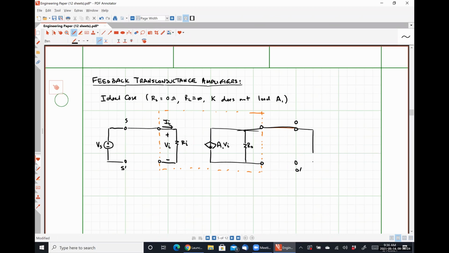And so we are effectively just going to short this out, which is how we are going to connect our feedback network in series. If we were to break open these terminals and look in, that is how we would find our output resistance with feedback, which will be a lot more obvious once I connect the feedback network in just a second.